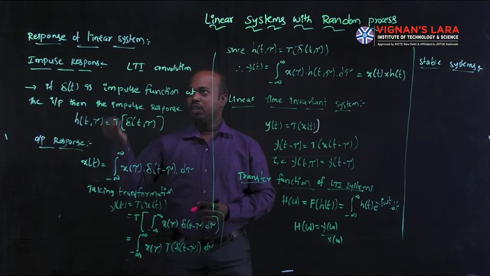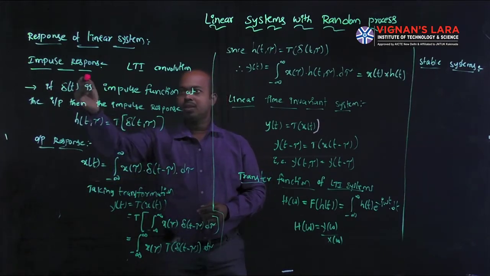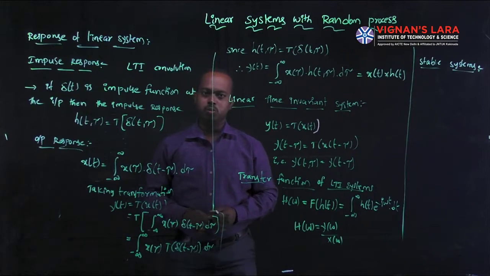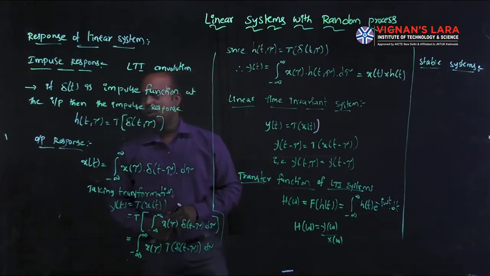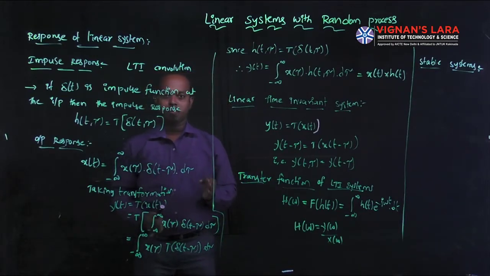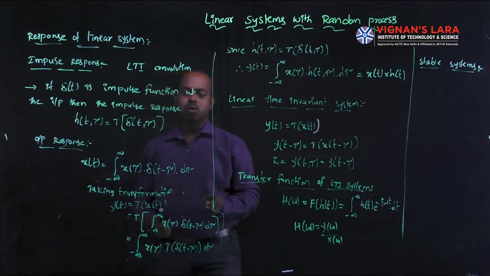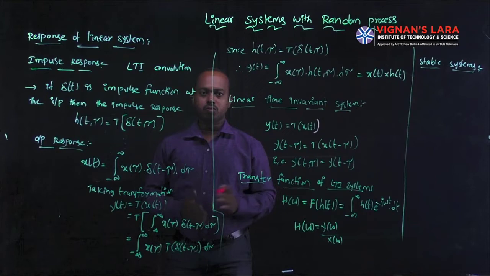Here you can find the response of a linear system. One method is the impulse response. In general, in LTI systems, the convolution property is the basic property. You can obtain the output response by using the convolution. The convolution means we take the input signal and the system function.